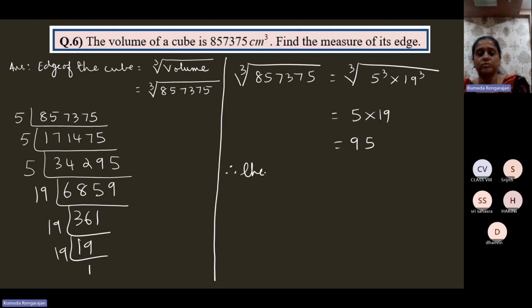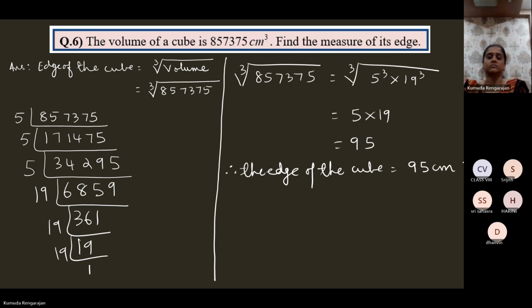Therefore, the edge of the cube is equal to 95 centimeters. Done, ma'am. Okay.